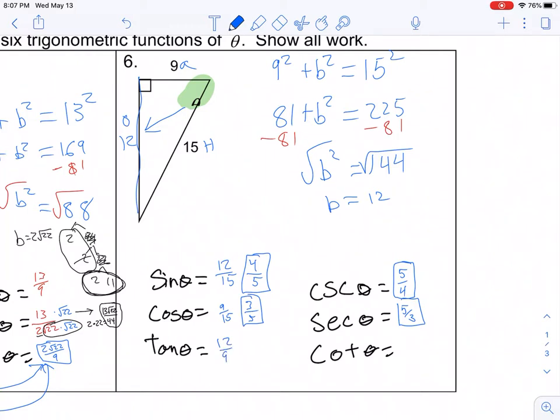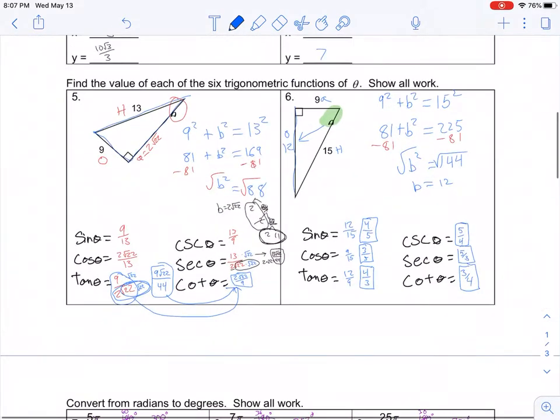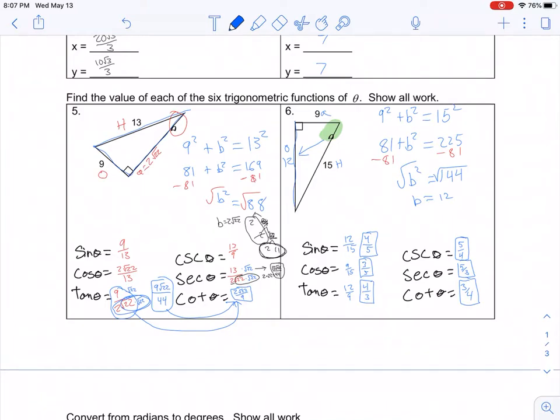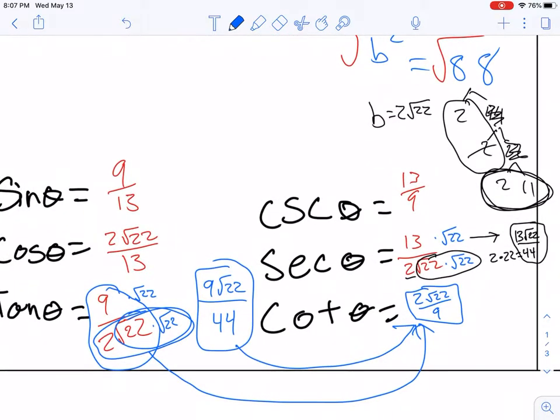That also reduces. 3 goes into both of those, 4 over 3. And we take the reciprocal of that, 3 over 4. All right. That's some of the bulk of being able to use this stuff, especially rationalizing there.